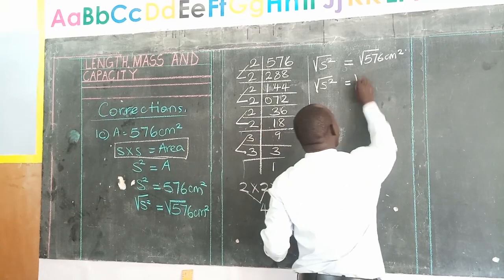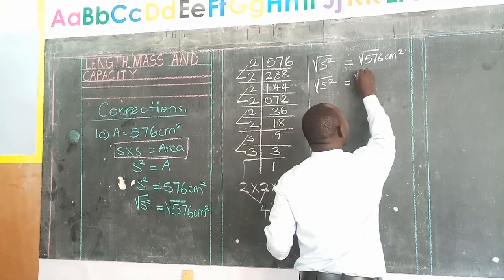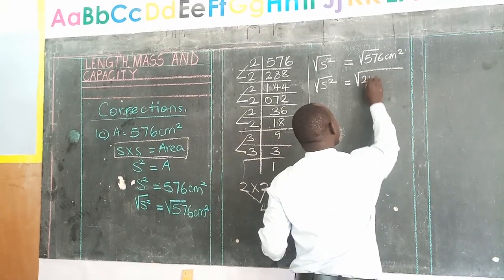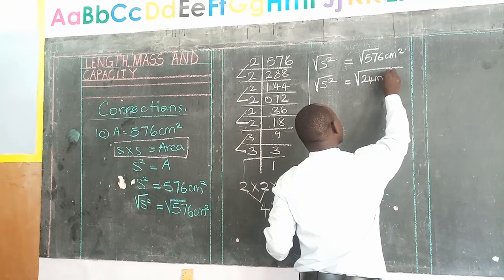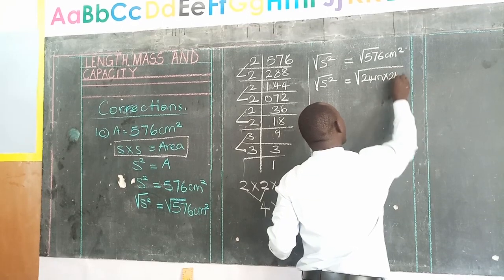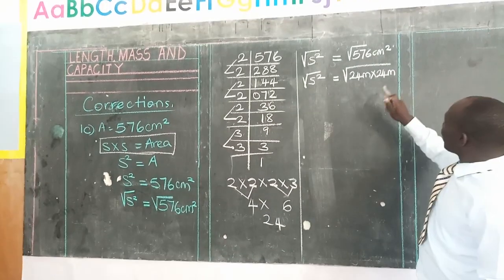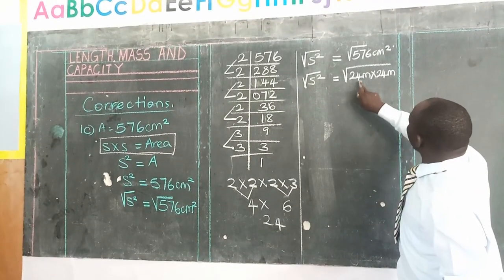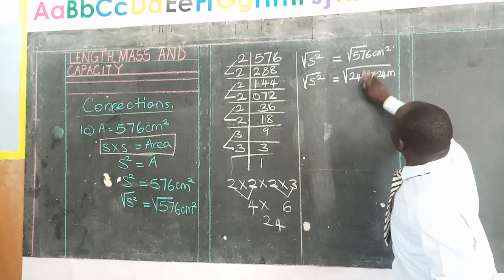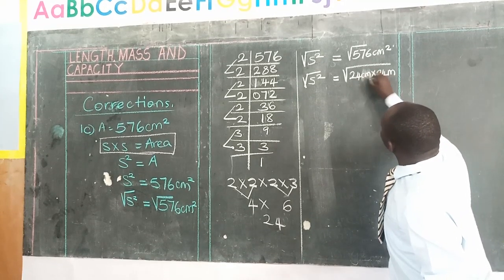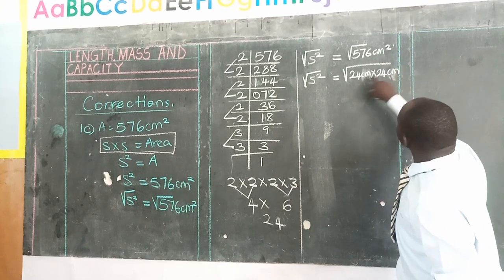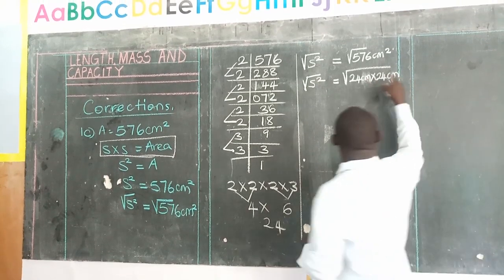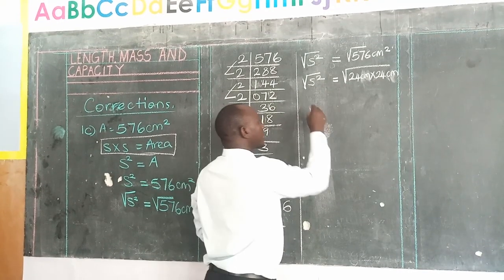That means I have it as a root of 24 meters times 24 meters. At this point, we are supposed to have 24 centimeters, sorry for that, times 24 centimeters. The square is no longer there, but we shall bring it at the end, in our next step.